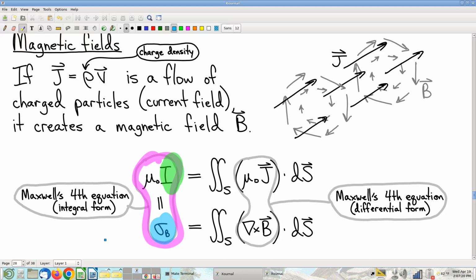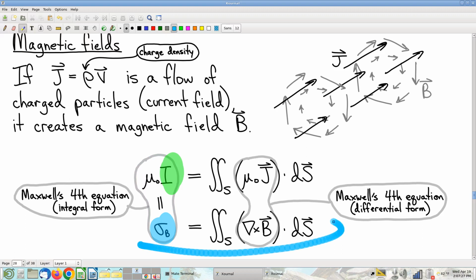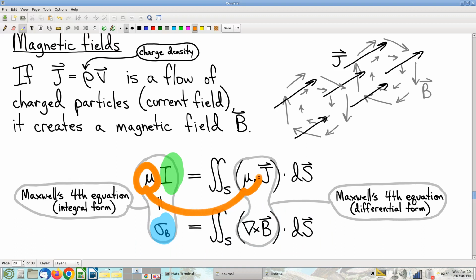So now about these players, I can make a couple of observations. For one thing, an easy point: circulation is exactly what Stokes' theorem computes. So I can just write down Stokes' theorem. There it is. Circulation, if you think about it, and now let's factor out that common factor of mu naught.